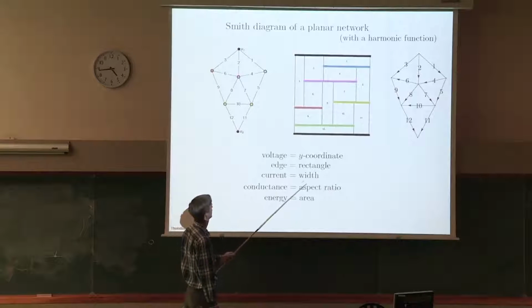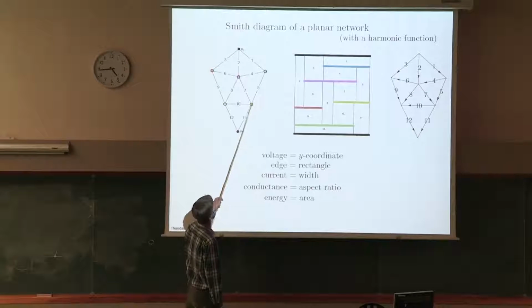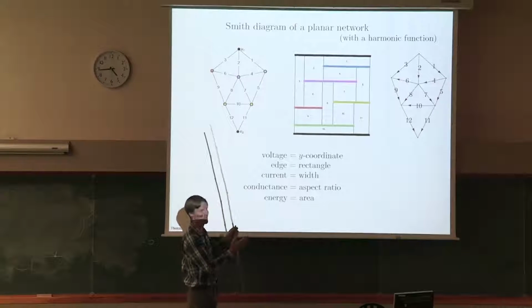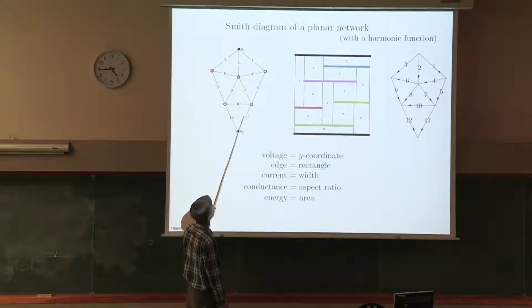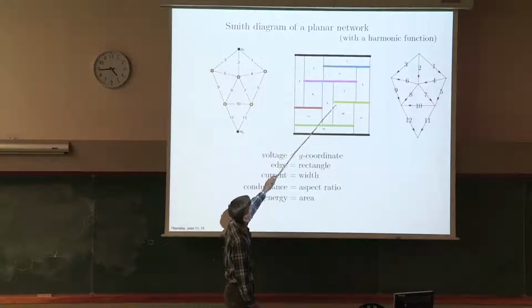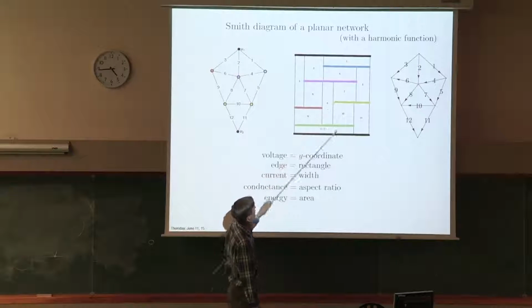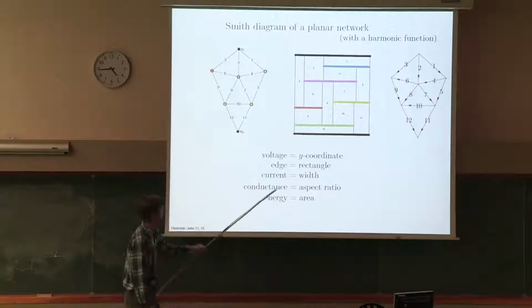The current is the width, and the conductance is the current divided by the voltage drop. The voltage drop is the difference in height, so the ratio of that is the aspect ratio of the rectangle.